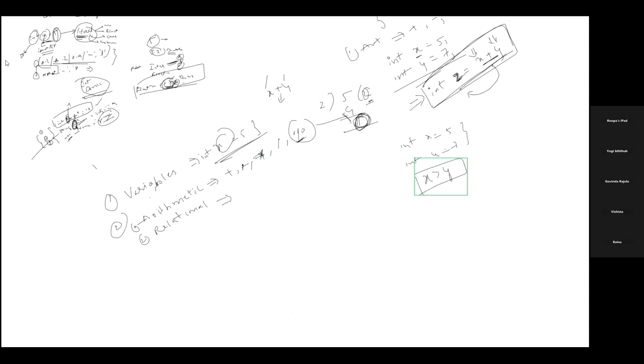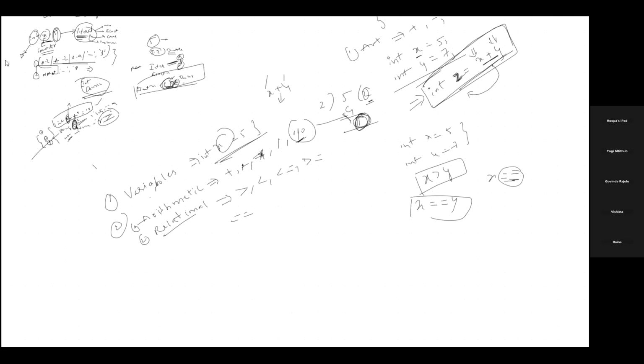Relational operators are like greater than, less than, less than or equals to, greater than or equals to. If you want to do a comparison, for example, x is equals to y. If you are doing it in maths, you assign, forget about maths. Okay. If you want to compare two values, you need to use double equals to. If you want to assign a value, you need to use single equals to.